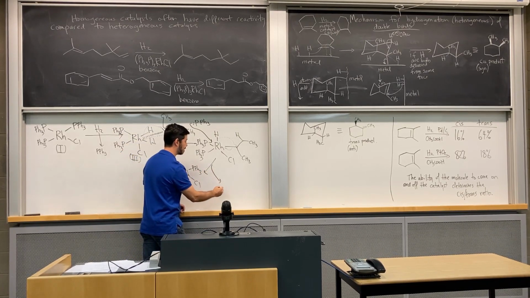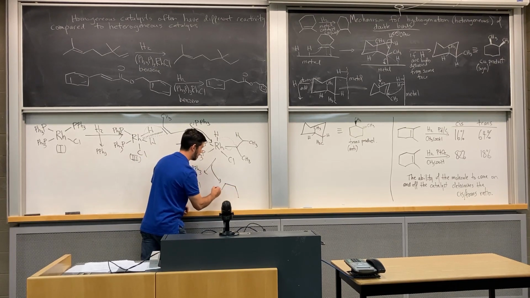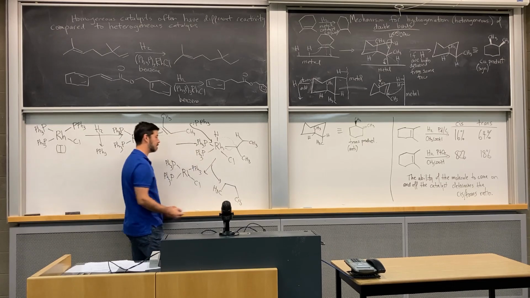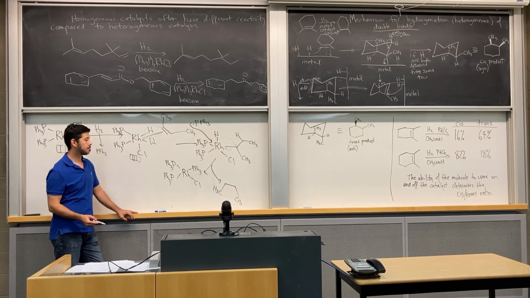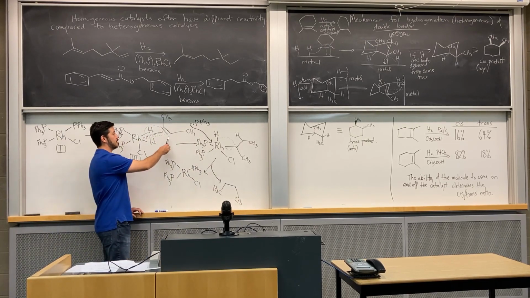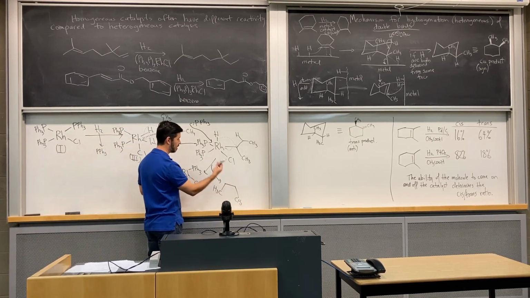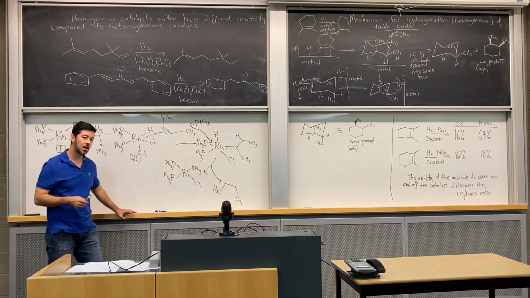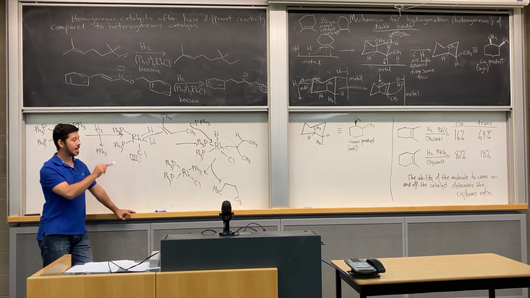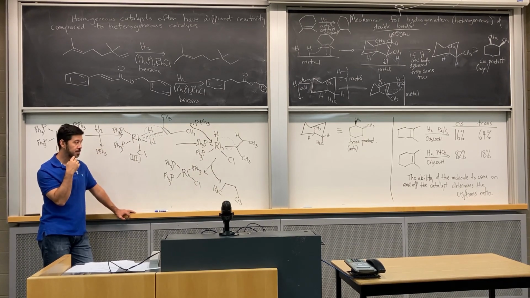And your product is now going to be this reduced compound, which is now an alkane. And you can imagine if you had some stereocenters here, then you could generate a cis compound. And it typically happens, like I'm showing you, only once. So this is very good at selectively reducing double bonds in this cis type of fashion.